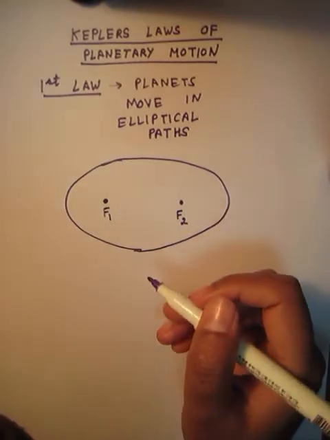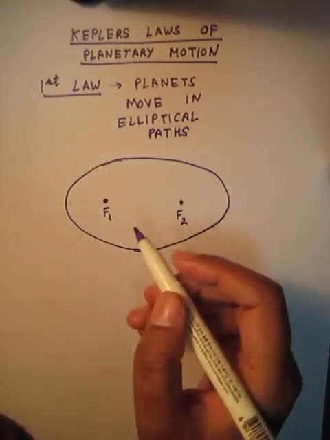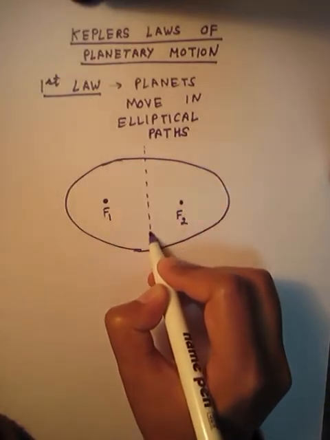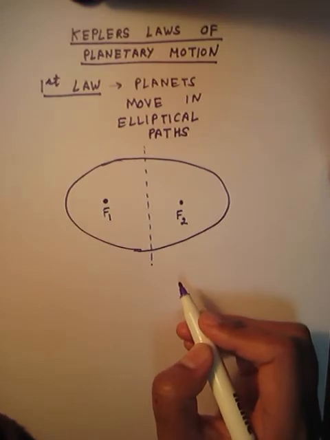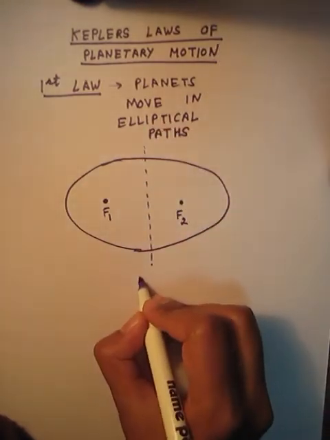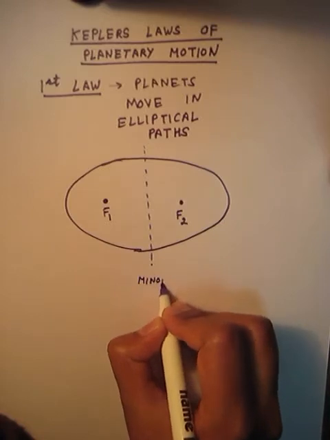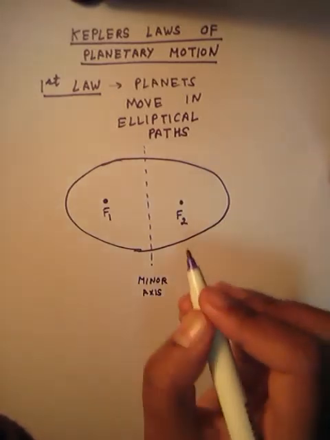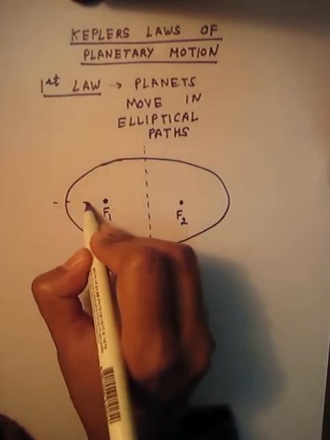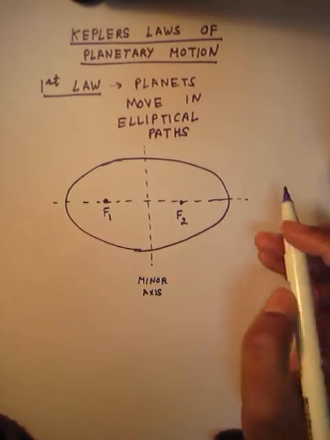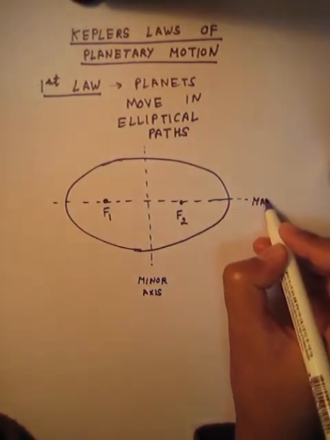There are some properties of ellipse which we are going to study. So this is an axis which, because it is a smaller axis, we call the minor axis of an ellipse, while this axis, which is the larger among the two, is called the major axis.